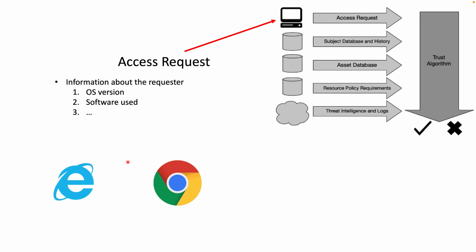A resource like a website might require the user to use the latest Chrome browser because only Chrome is strong enough to show all their functionalities. If they find the access request is from an IE browser, they will deny it. Yeah, that's information that could show up in access request.